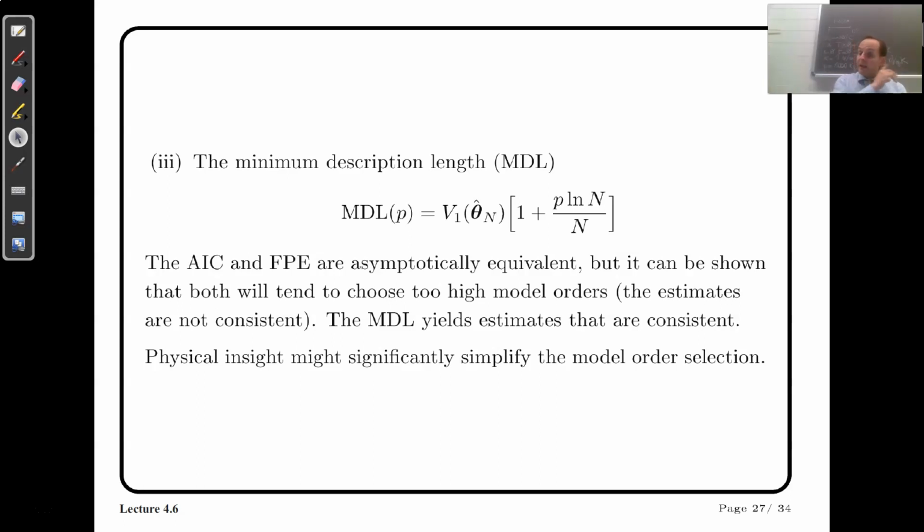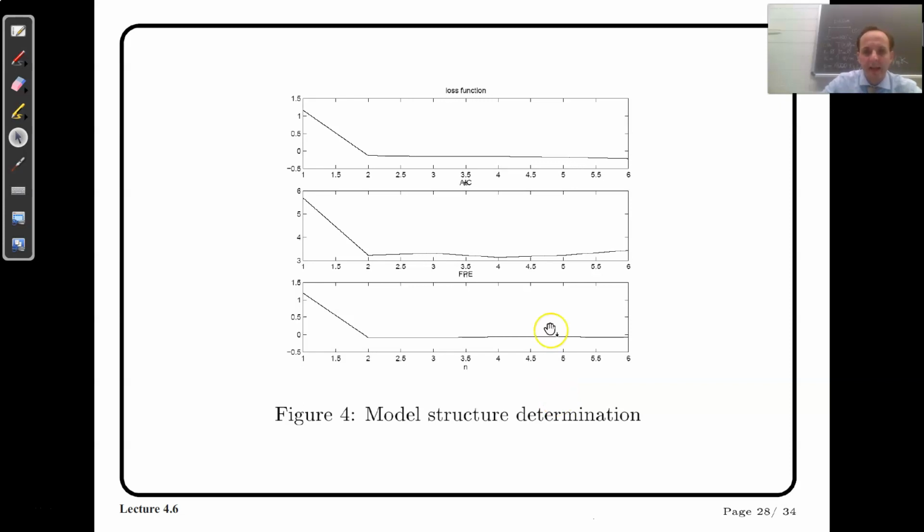So in principle, you should consider all these indications, all these suggestions, in order to select the best order. And another final recommendation is that perhaps the physical insight into the process might significantly simplify the model order selection.